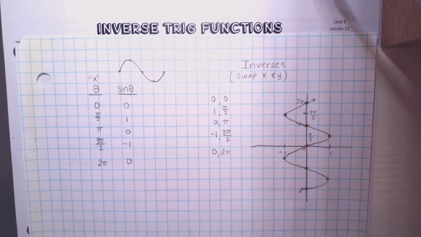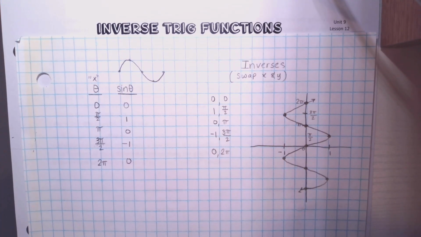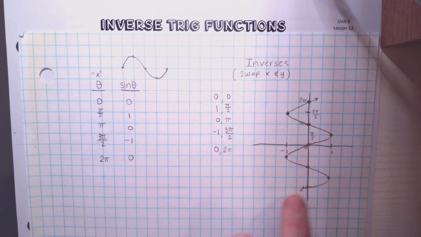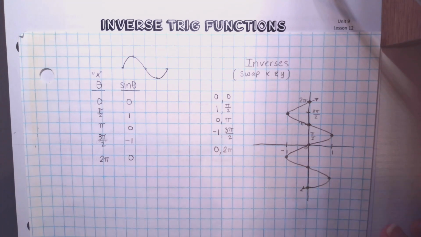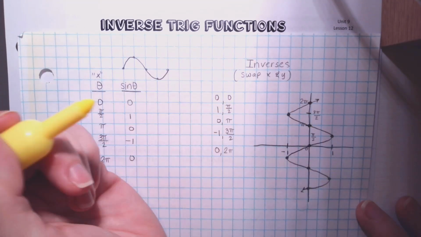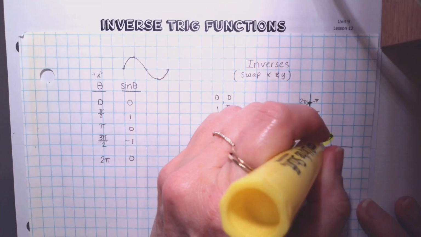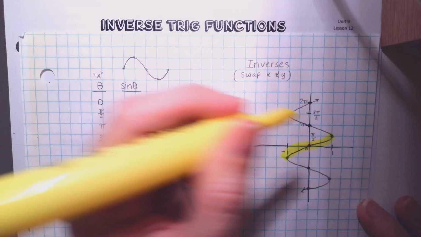So what we do for inverse graphs is we restrict what part of the graph we're looking at. Instead of looking at this whole thing as the inverse of sine, we restrict it to just part of it that would pass the vertical line test. And that's going to be this little chunk right here.